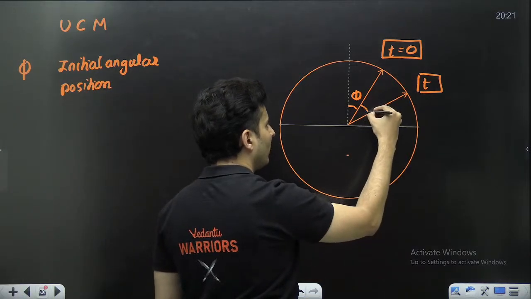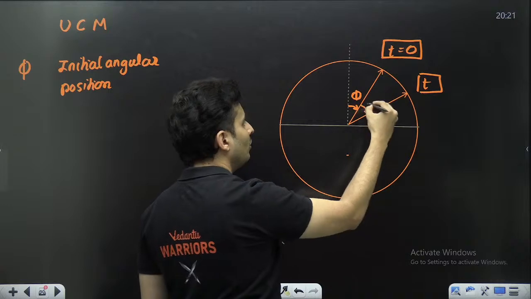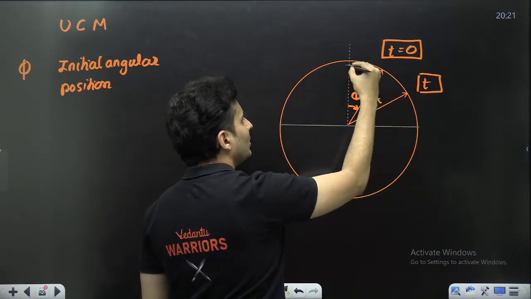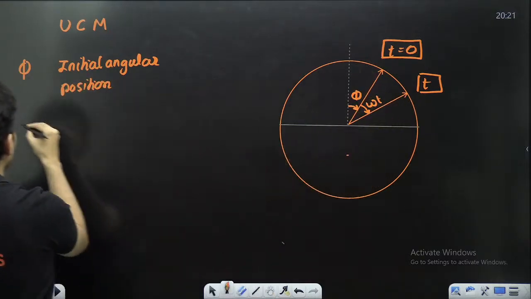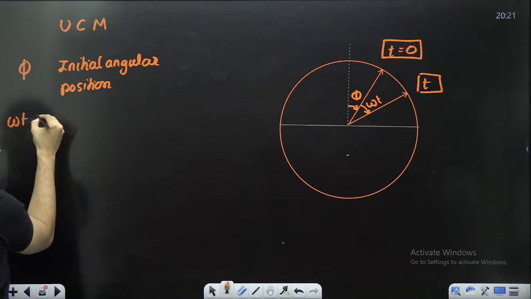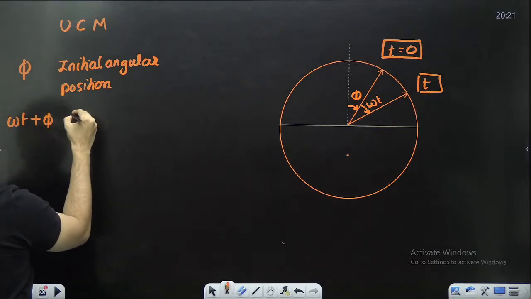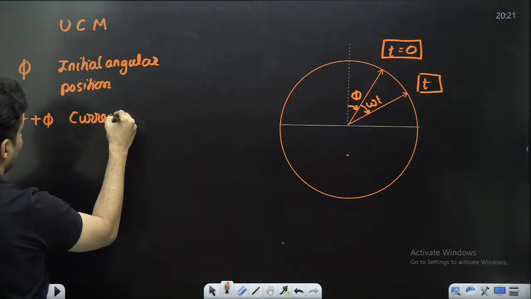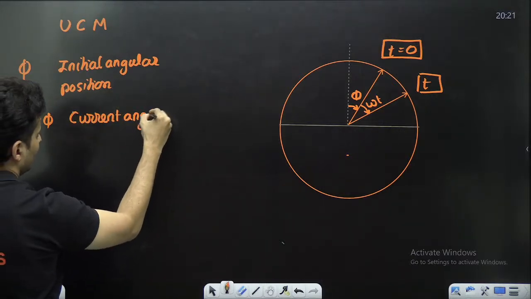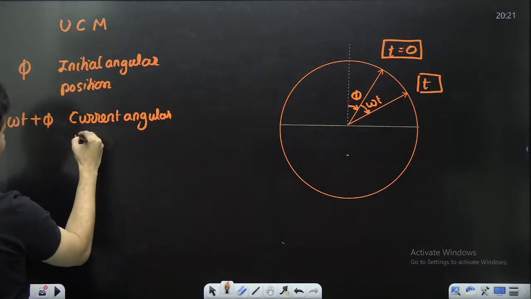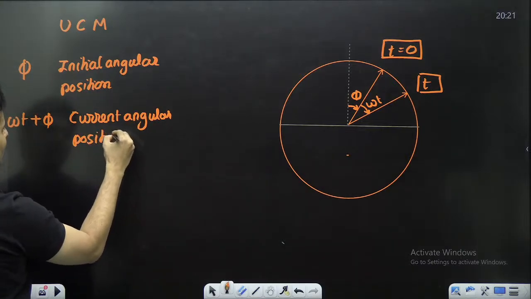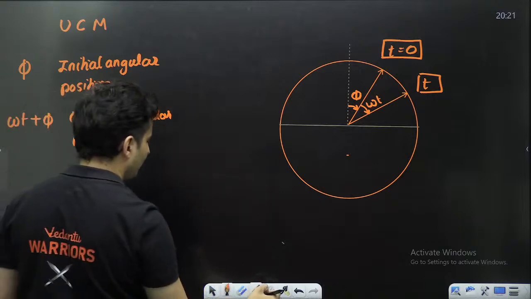You move more omega t. So phi plus omega t or omega t plus phi becomes your final or current angular position. Current angular position in uniform circular motion, that is.